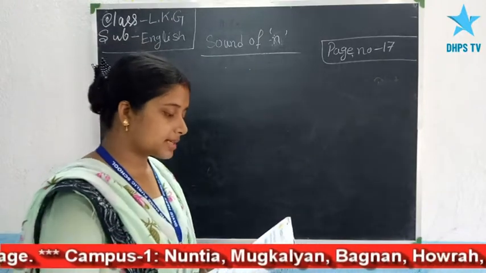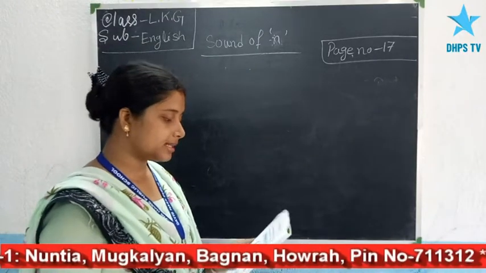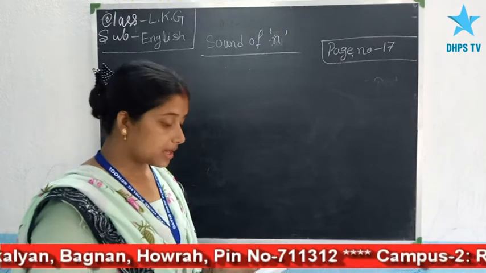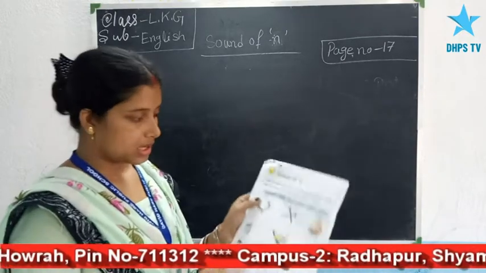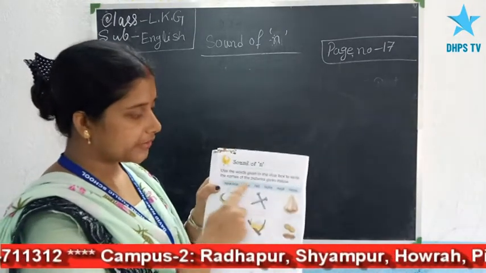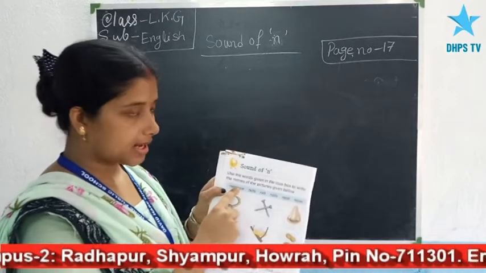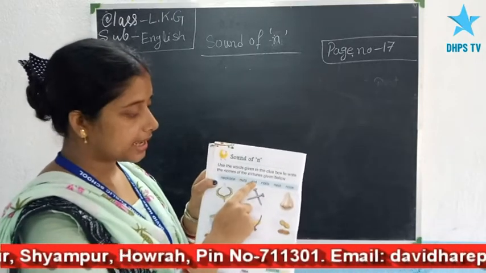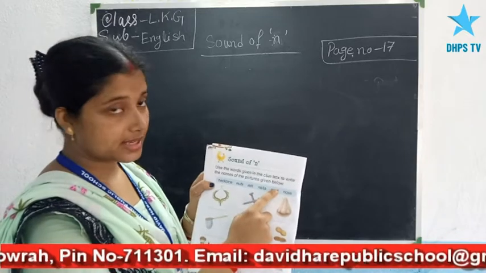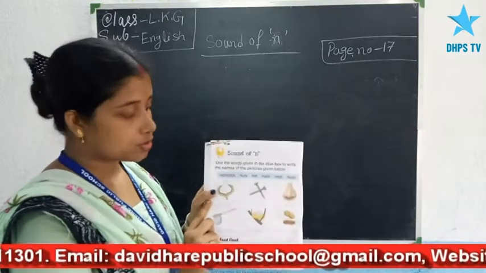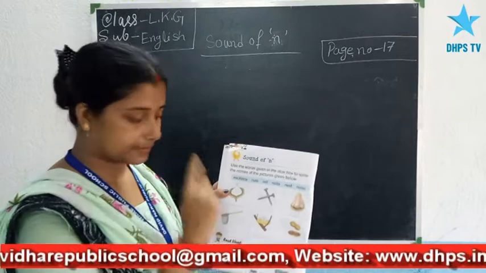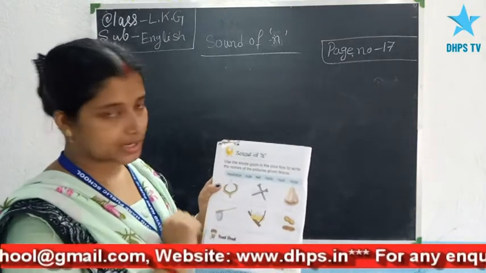Use the words given in the blue box to write the names of the pictures given below. At first, read the blue box. Necklace, nuts, net, nails, nest, nose. So all the words start with N. And now see the picture.